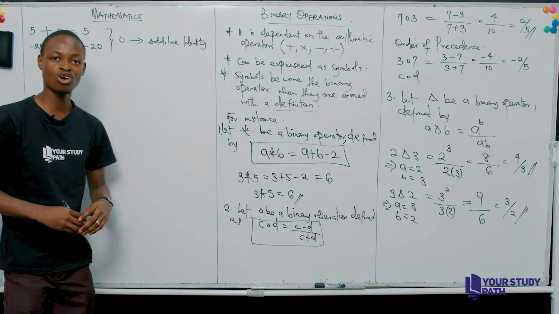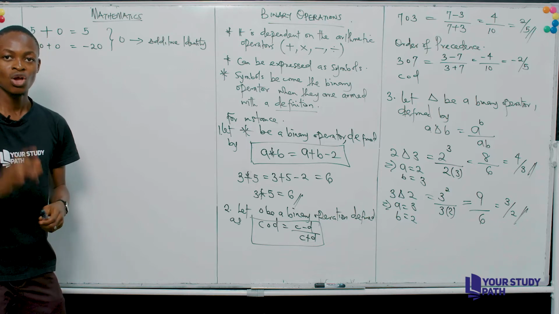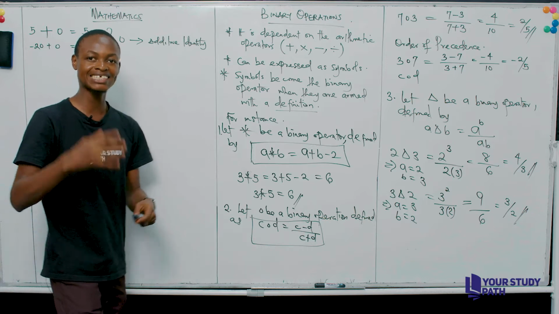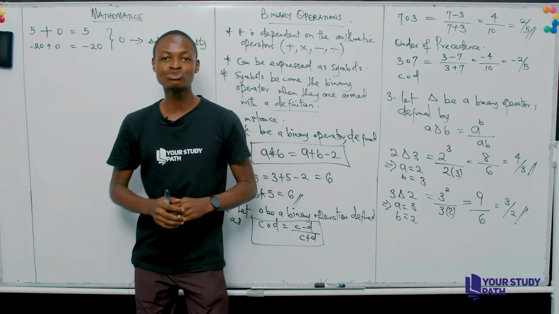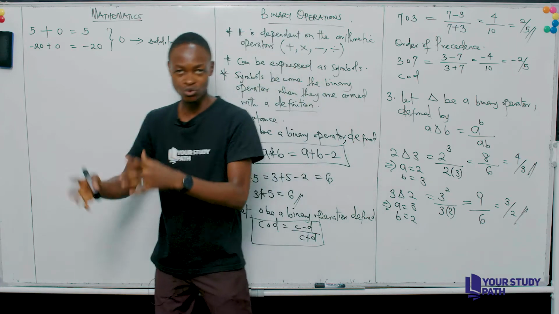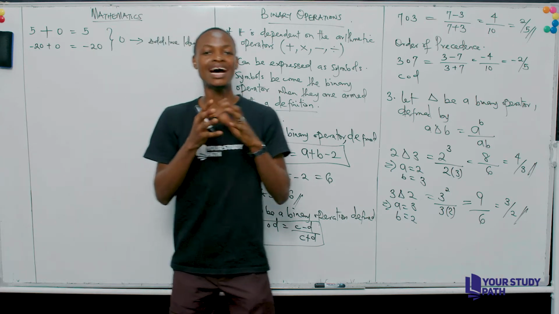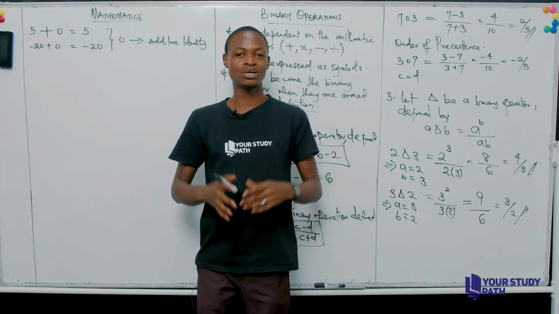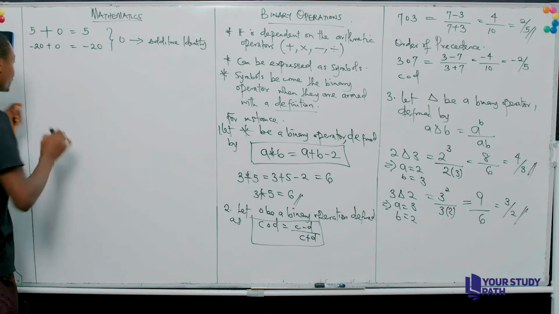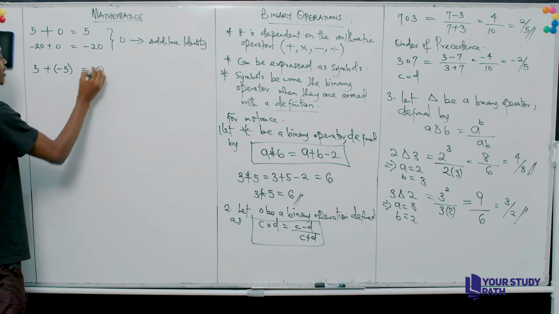This would have been covered in a secondary school syllabus, the additive identity. We also talk about another value, which is the additive inverse. We say that the additive inverse of a number is that number we will add to the original number to get 0. For instance, the additive inverse of 5 is minus 5, because if we take 5 plus minus 5, we will get 0.